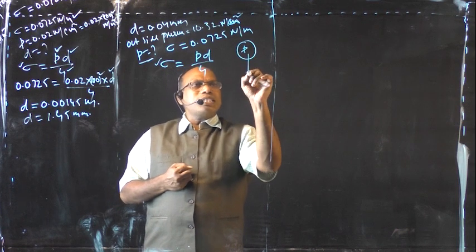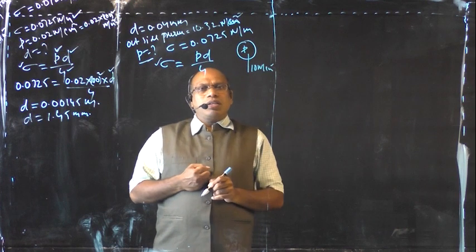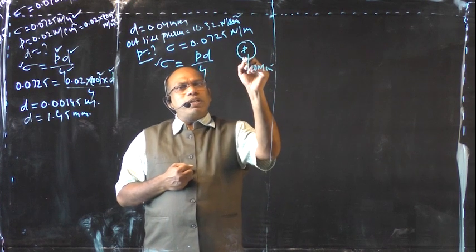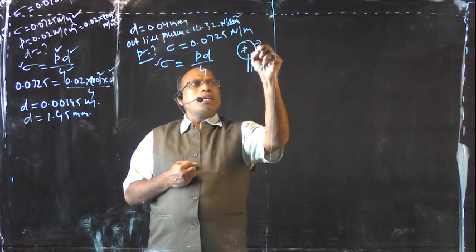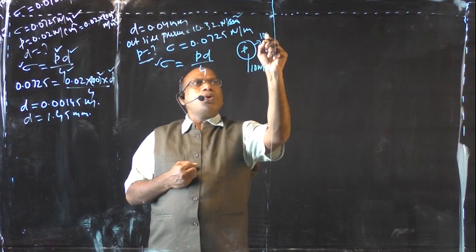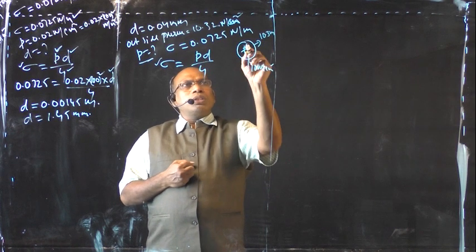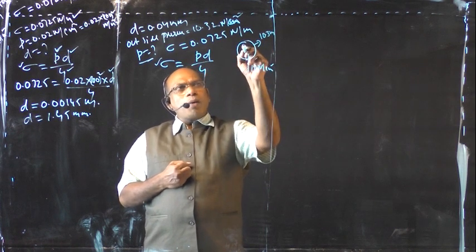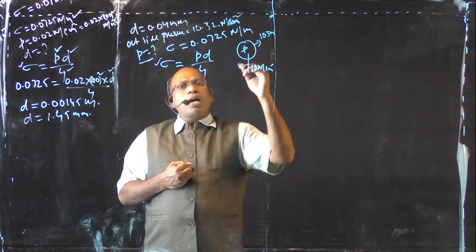Suppose the inside pressure is equal to 10 Newton per cm square, the pressure intensity is equal to 10 Newton per cm square. But the outside atmospheric pressure is equal to 10.3 meters of water. Now, the pressure inside the water droplet means the pressure in excess of the outside pressure.